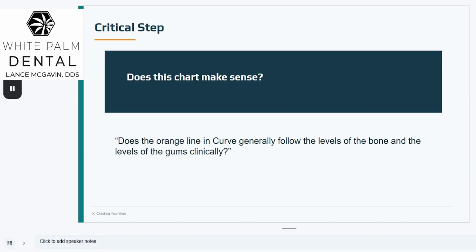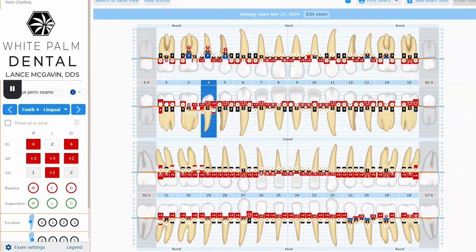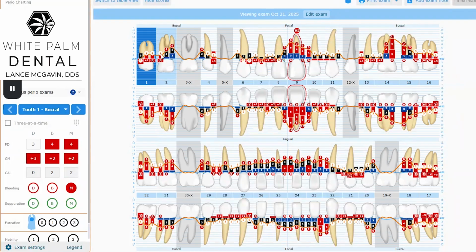So again, does the orange line and curve generally follow the levels of the bone and the levels of the gum clinically? It's an easy answer. If you have this patient and you've got an orange line that's coming all the way across these CEJs, you don't have any bleeding points, you don't have any probing depths, that's a red flag that something you're doing is wrong.